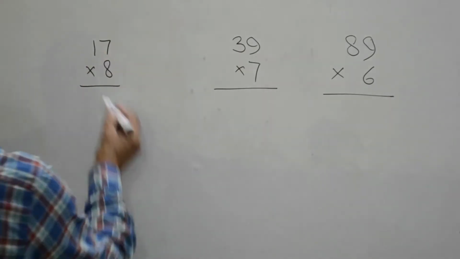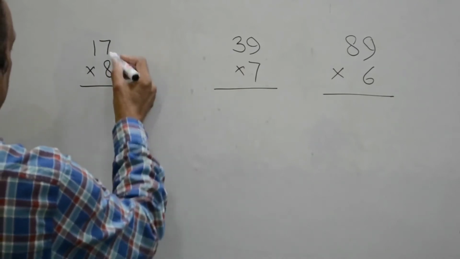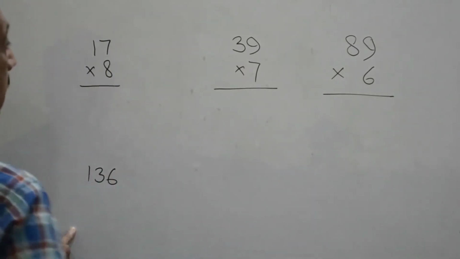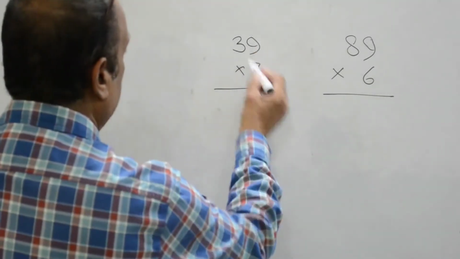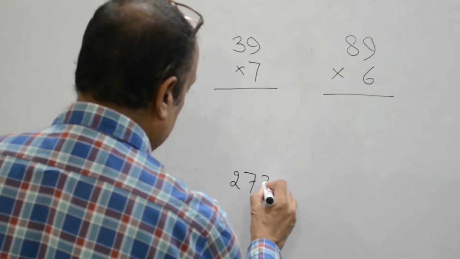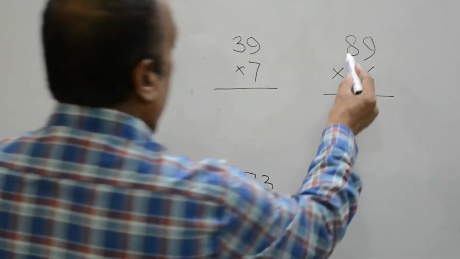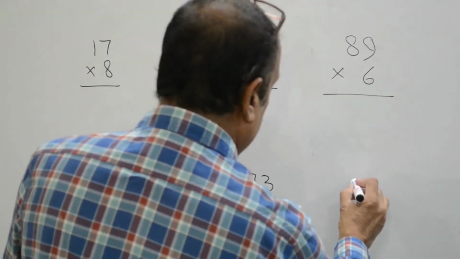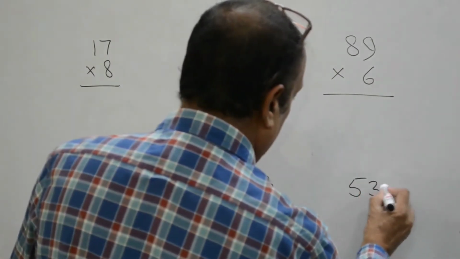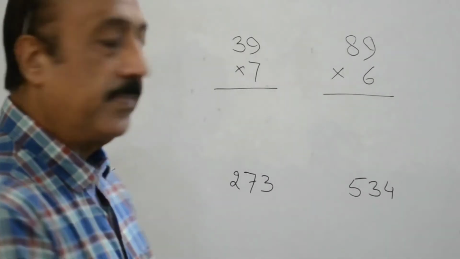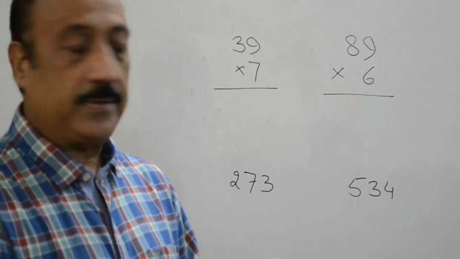The answer will be 80 plus 56, it is 136. 210 plus 63 is 273. 480 plus 54 is 534. So we have done the calculation with the help of mental math.